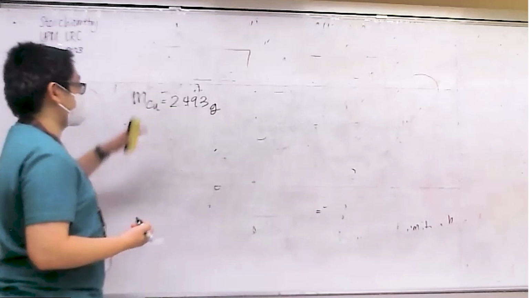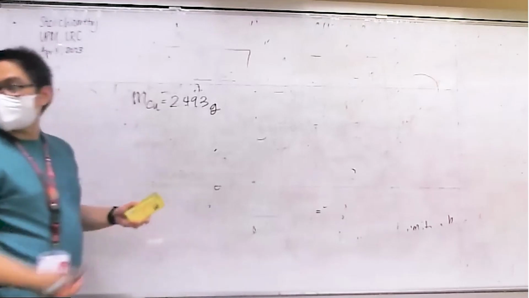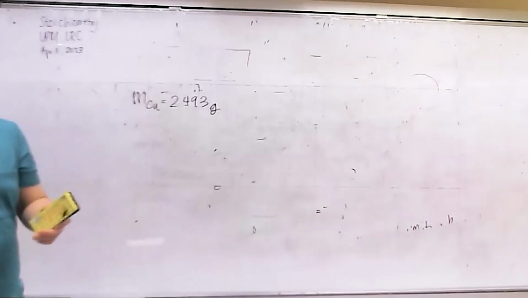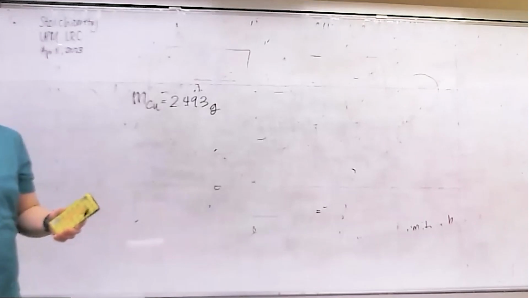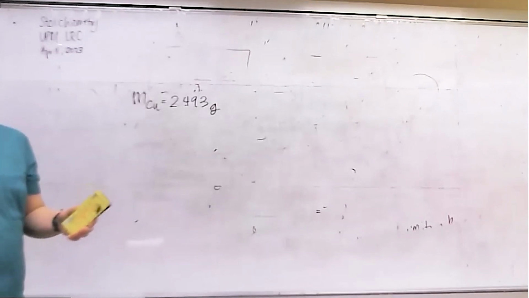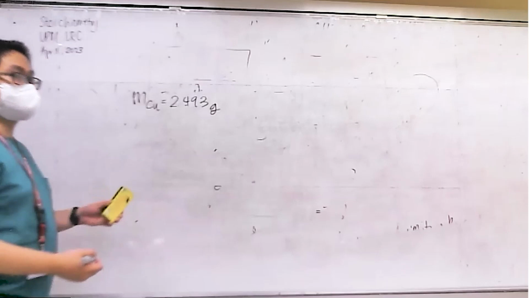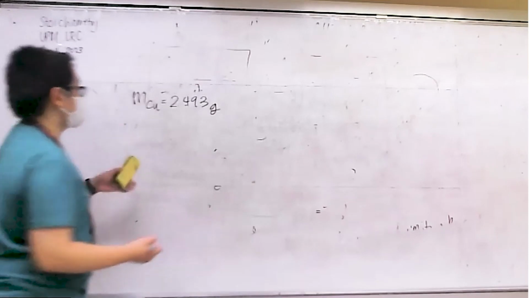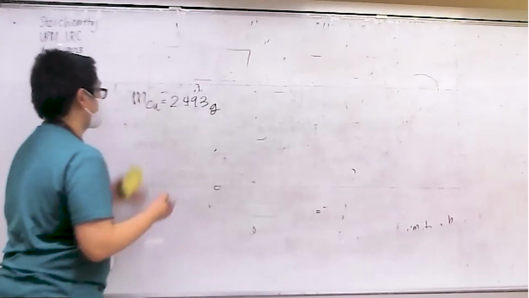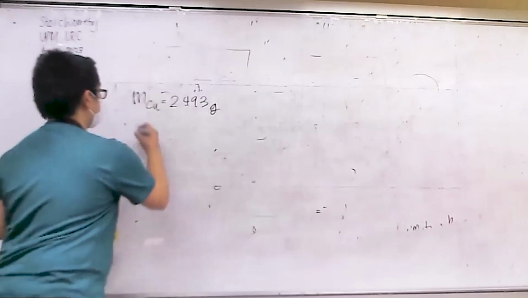Like, from the mass of copper. Divide the mass by the atomic mass. Okay, pwede naman. Yeah, mass of copper divided by the atomic mass to get the moles.